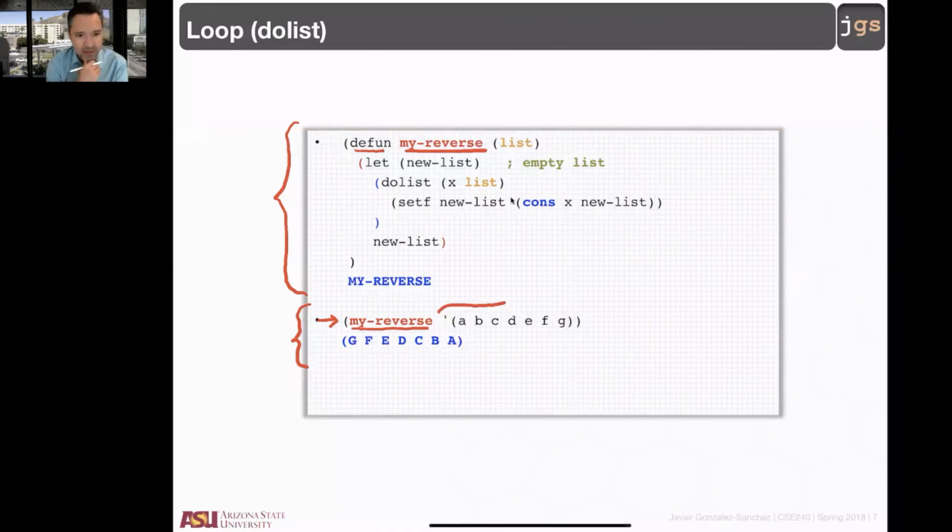How many parameters is that function going to have? I hope that you agree with me. This function, my reverse, receives one parameter, only one. And that parameter is a list. I am sending to a function a list.